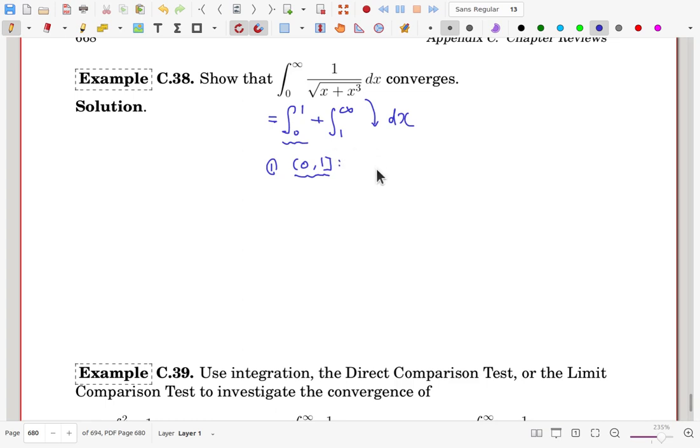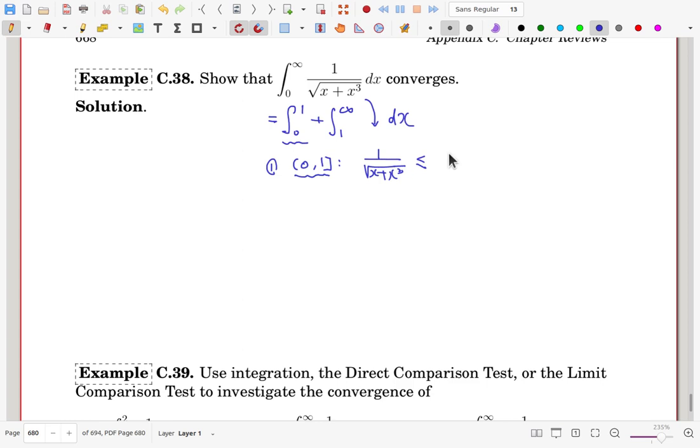Now the integrand is 1 over the square root of x plus x cubed. We have to show that this is bounded by something whose integral is bounded.